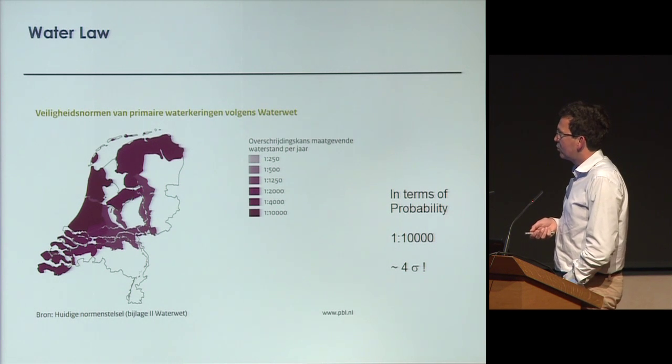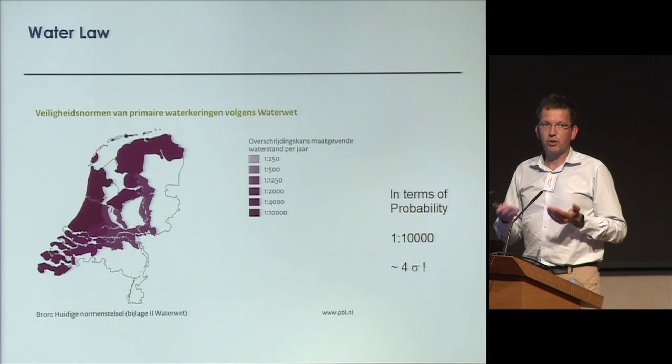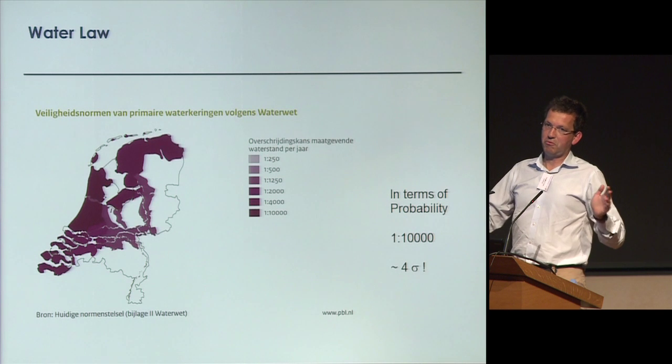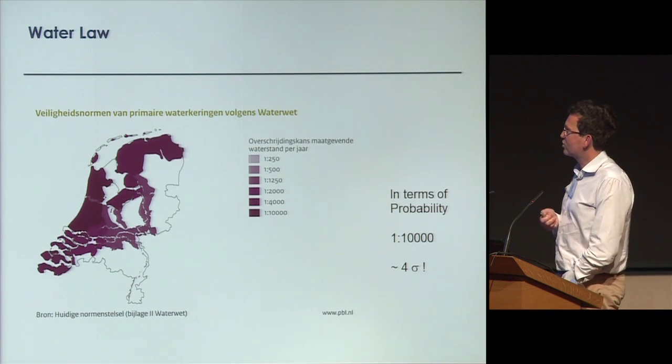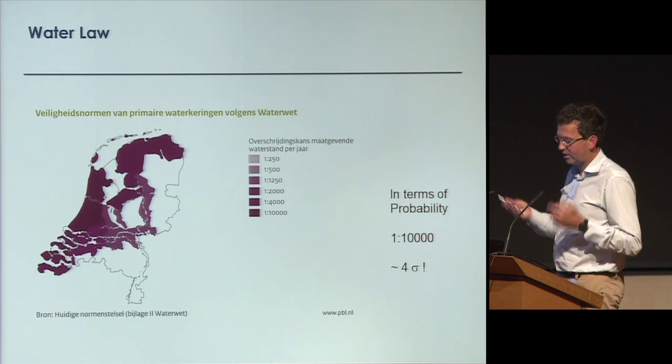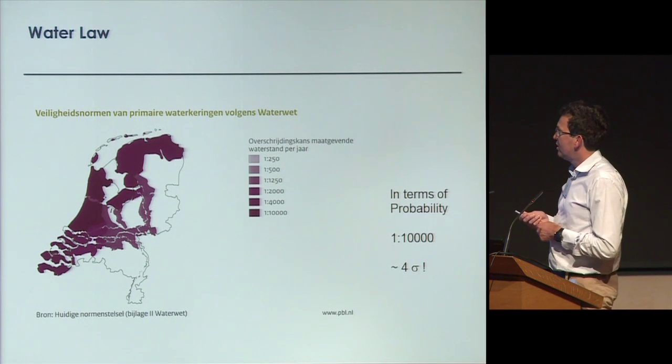And if you talk about once every 10,000 years, you're talking about things which can occur at an accuracy level of, say, 4 sigma. So you really need to be very precise in your statements about sea level rise.